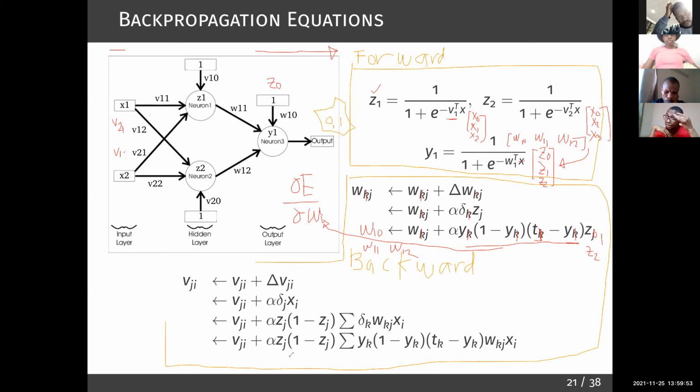Now again, the same process of partial of E with respect to now V. Maybe you will be dizzy, but don't worry about this process anymore because everything is computed for you. So all you need to do now is substitute here. You update your weights W, and then you update your V also here. In your case here, you have V, J. Where is J?